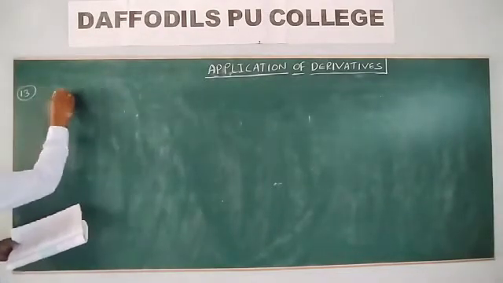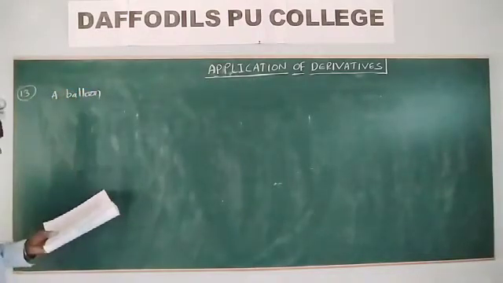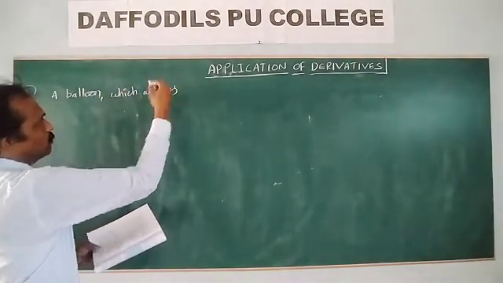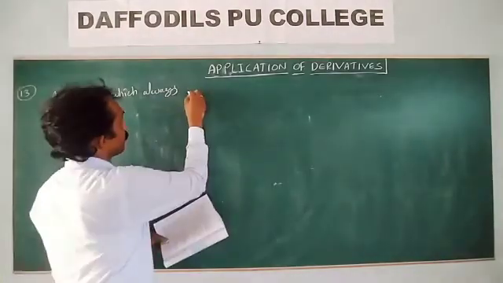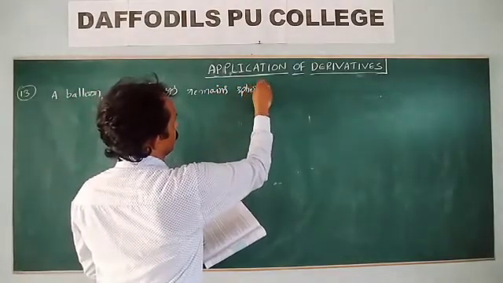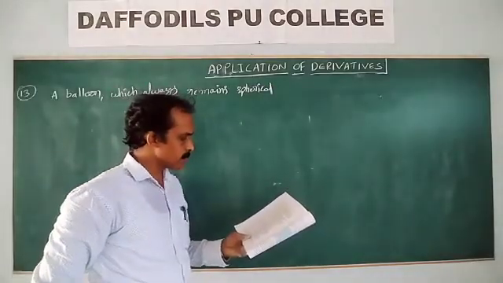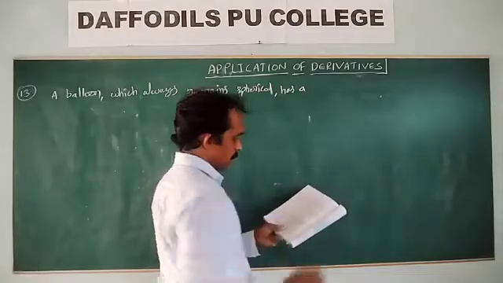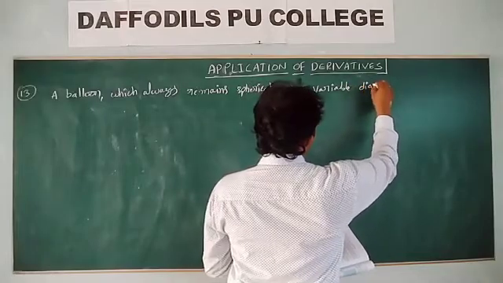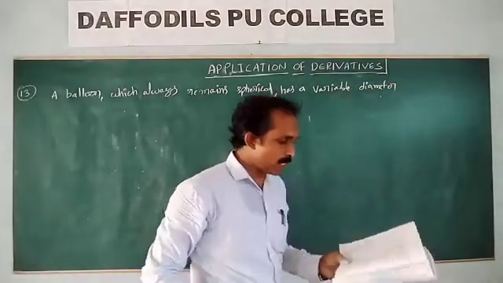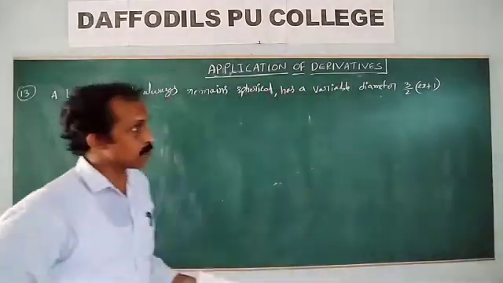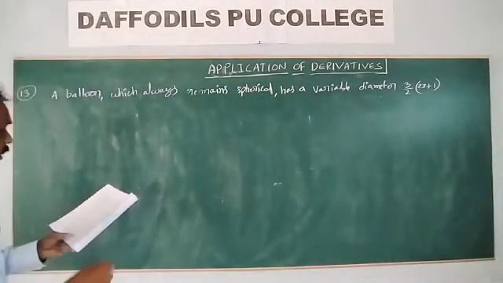A balloon which always remains spherical has a variable diameter, 3 by 2 times of 2x plus 1.